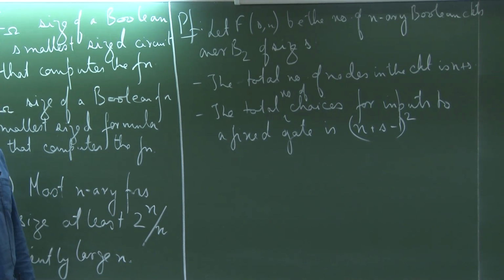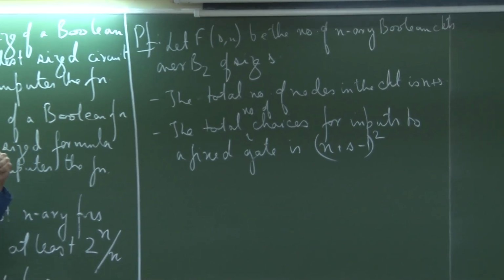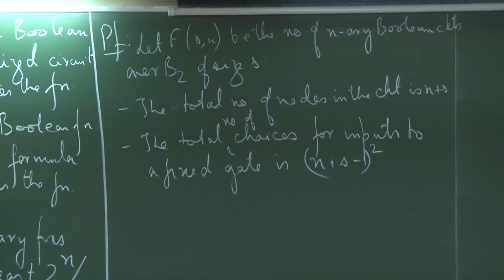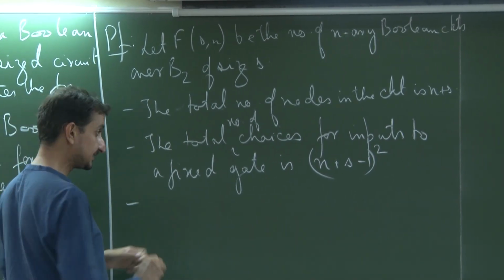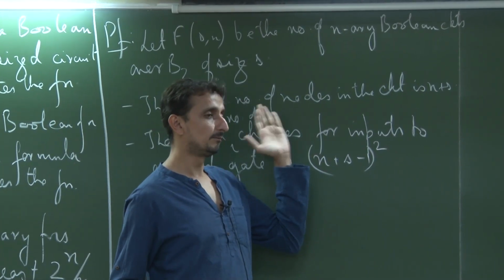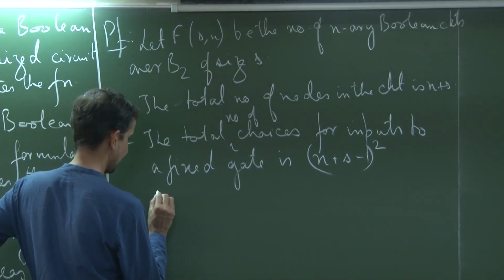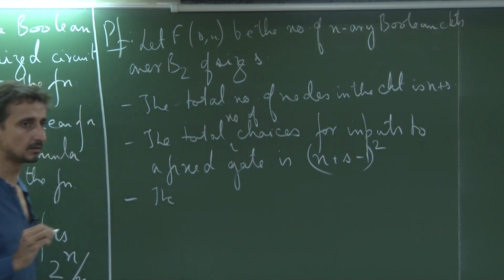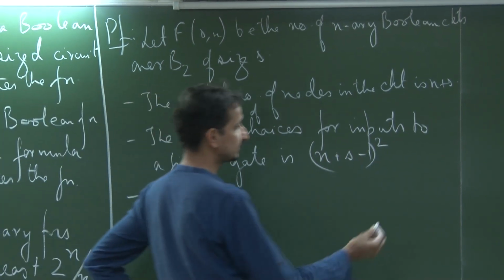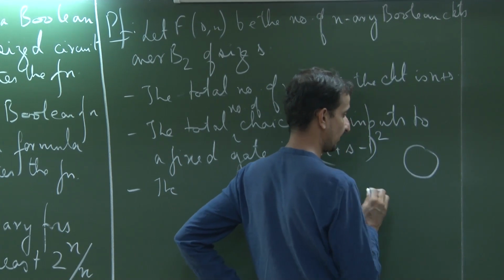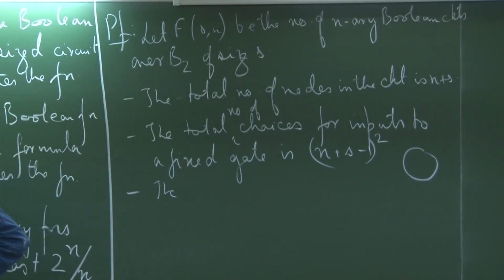Yes, this can be anything from B2. I am only looking at the input to these gates right now. Now, this can be any element of B2. B2 has 16 elements. Let us look at a pictorial view of this.